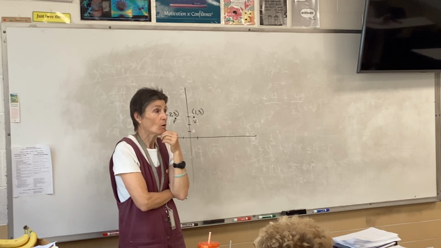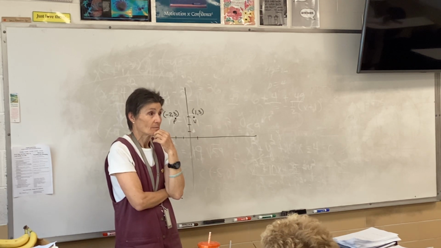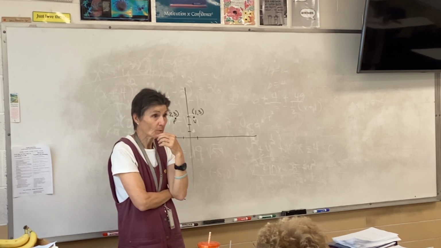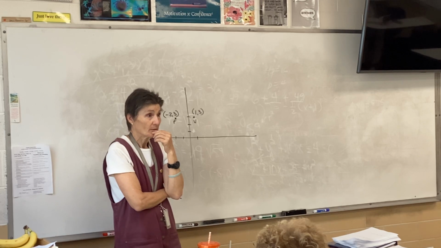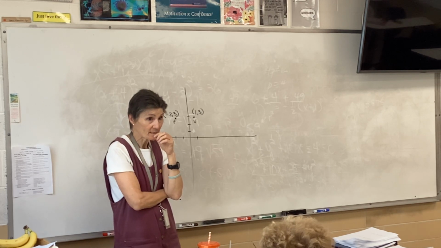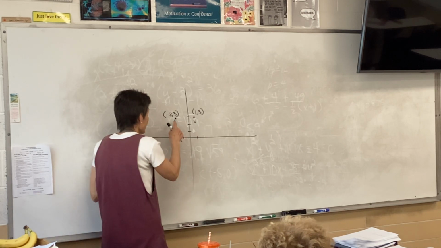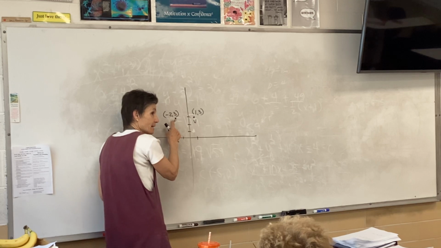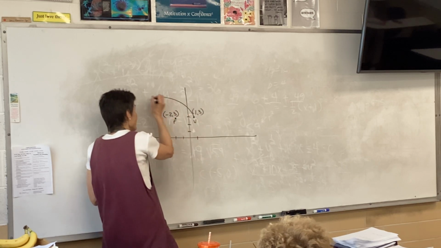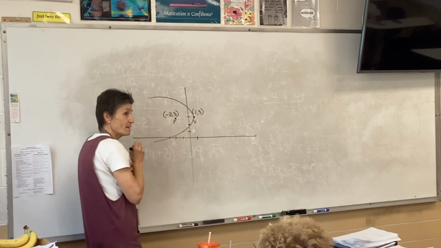Where's the focus of your parabola? Isn't it always inside? So if this guy has to be inside, aren't we opening like this, guys? Isn't that the way that's opening?